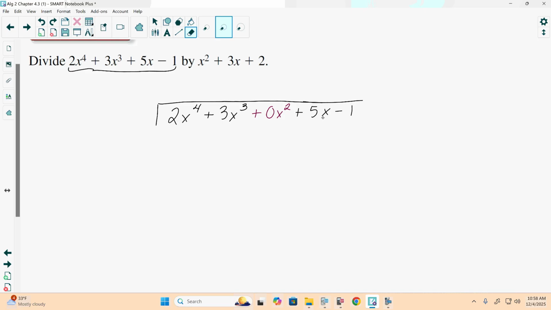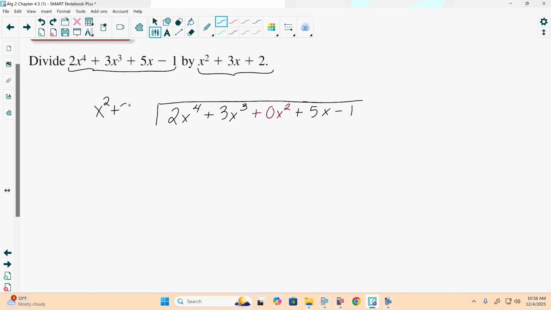The degree is 4, so we should have 5: x to the fourth is 1, x cubed is second, x squared is third, x is fourth, and our fifth is our constant term. So we have 4, 3, 2, 1, constant.